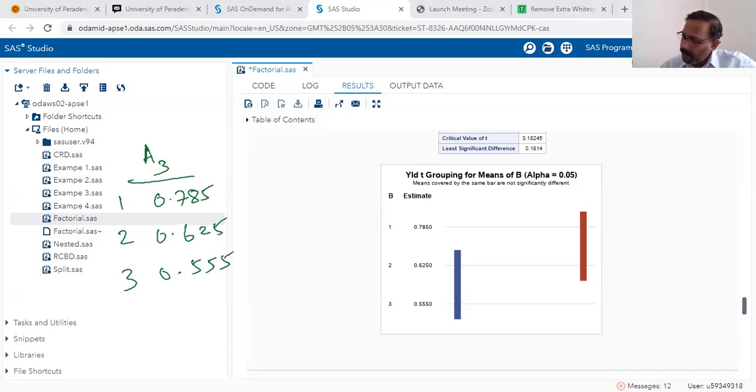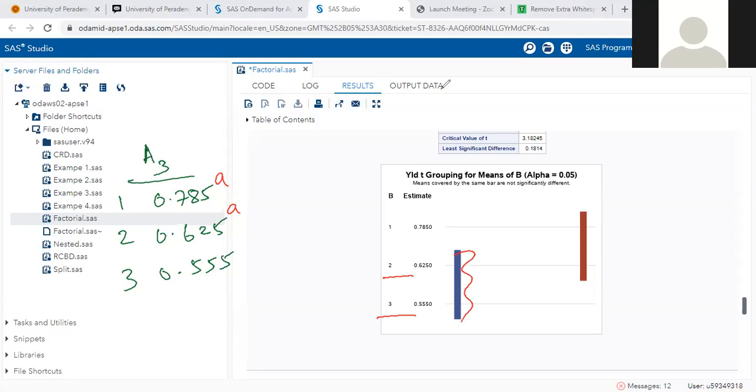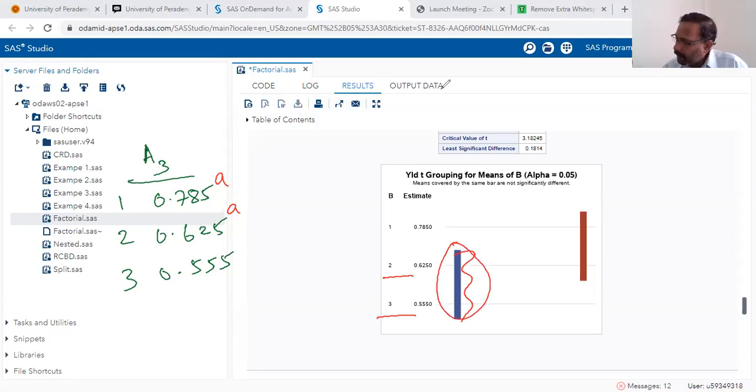If you say first and second, they are the same. What about second and third? That is also the same color. But what about first and third?